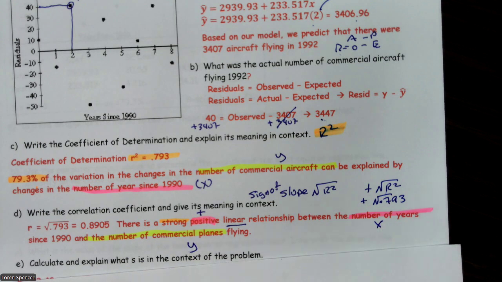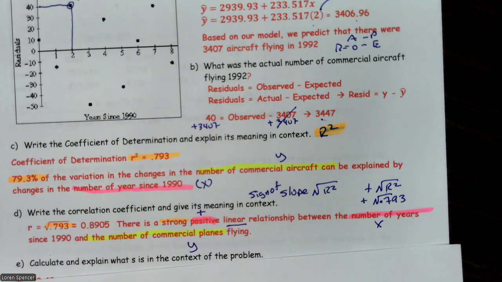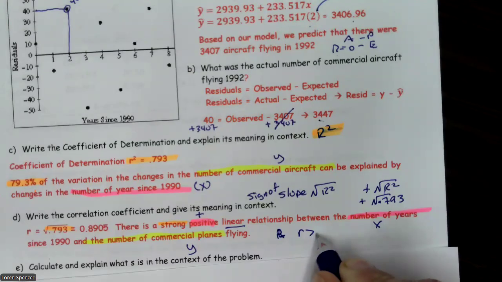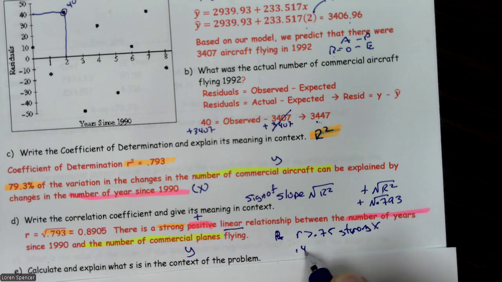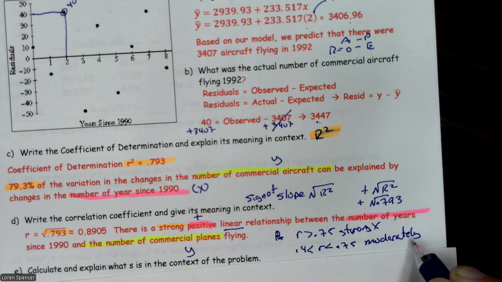Okay? And you can see right there that we just took the square root of our coefficient of determination and calculated the 0.8905. So strong, where did that come from? If R is greater than 0.75, it's strong. 0.4 less than R less than 0.75, moderately strong.